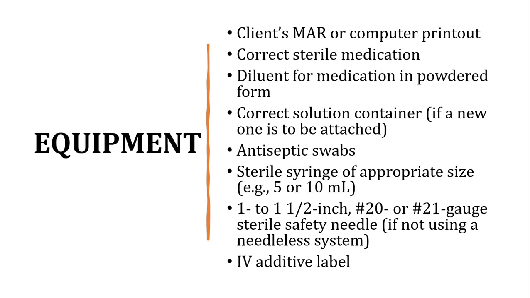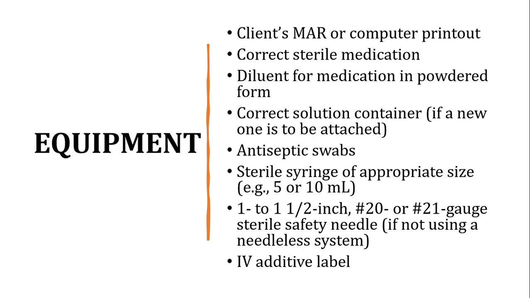The equipment. The client's MAR or medication administration record or computer printout to check the medication ordered. And correct sterile medication. The diluent for medication in powdered form. Correct solution container, if a new one is to be attached.